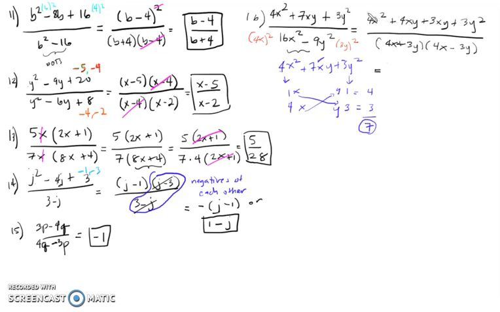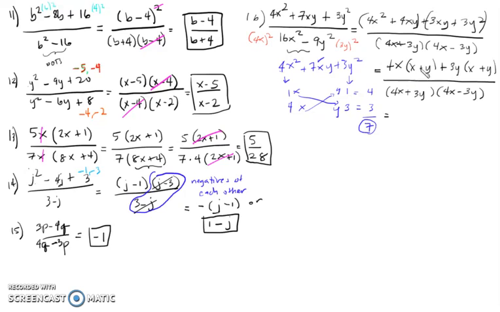Continuing, we group the numerator. As we group, the common factor is 4x, so that gives us x plus y. Here the common factor is 3y, so 3y gives us x plus y also, all over 4x plus 3y, 4x minus 3y.